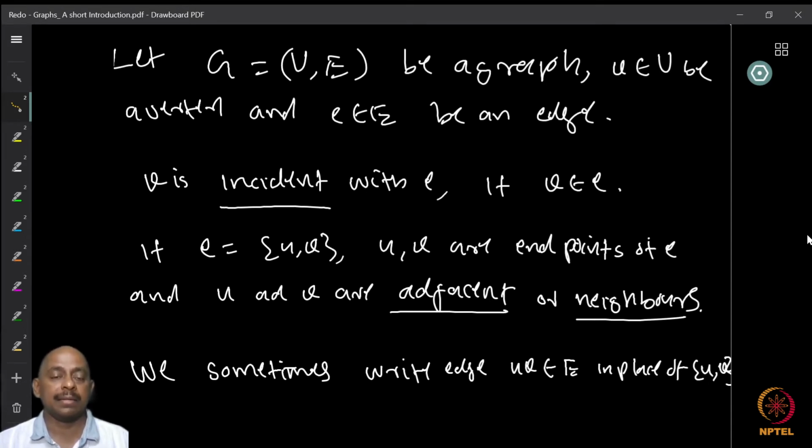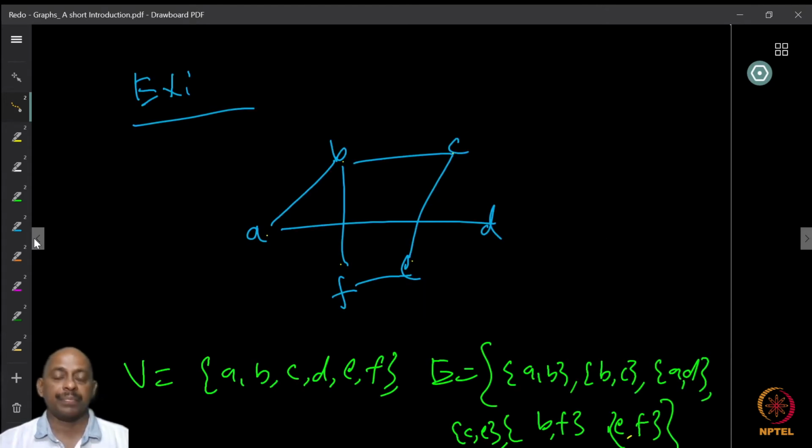Now, we say that the vertex V is incident with the edge E if V is an element of E. So if you look at this graph, AB is an edge, and A is a vertex which is part of the edge A comma B. Because it is a two-element set, I can talk about the vertex A being an element of the two-element set A comma B. So the vertex is an element of the edge.